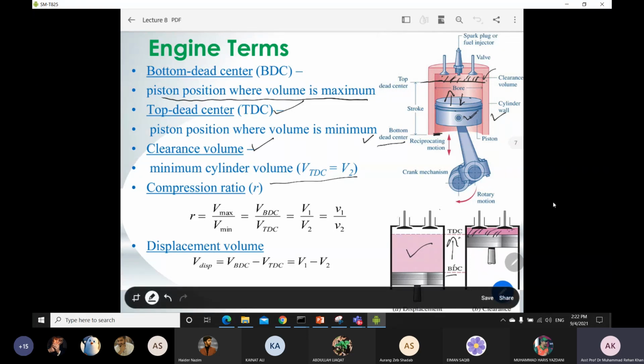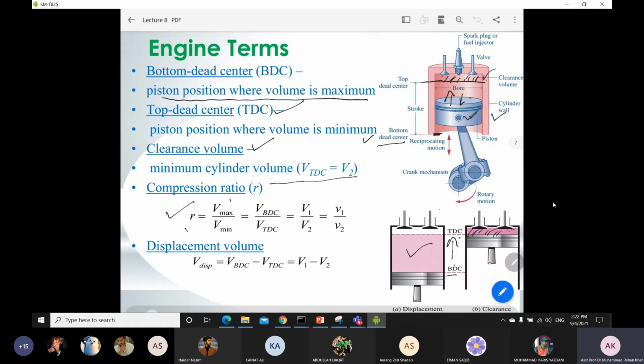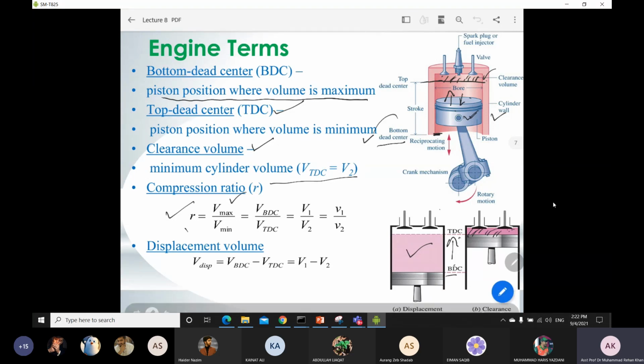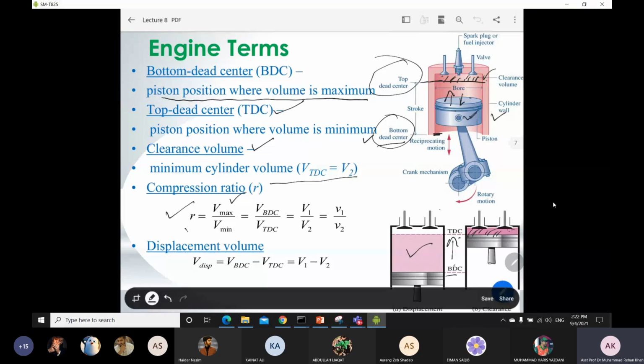Then another term which we use in engines is the compression ratio. Compression ratio is basically your maximum volume, which is at bottom dead center, over your minimum volume, which is at top dead center. So it is the ratio between these two, volume maximum and volume minimum.